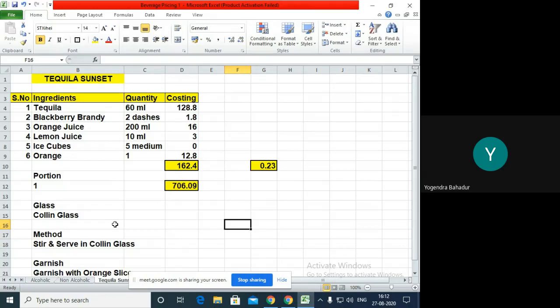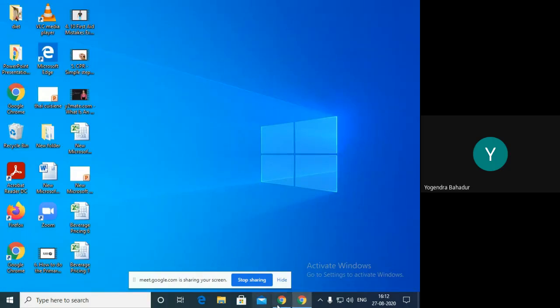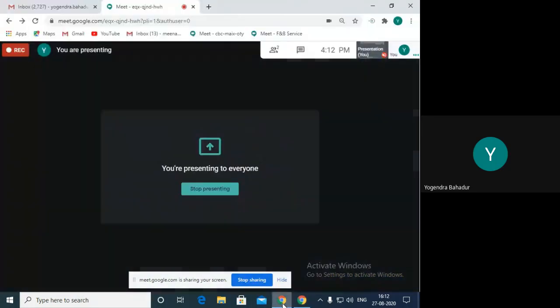We are going to discuss all those things in detail once we learn how to make the P&L account. So this is the end of the practical.